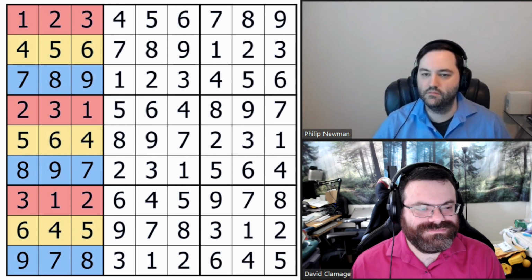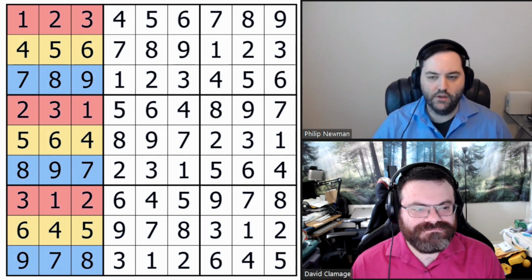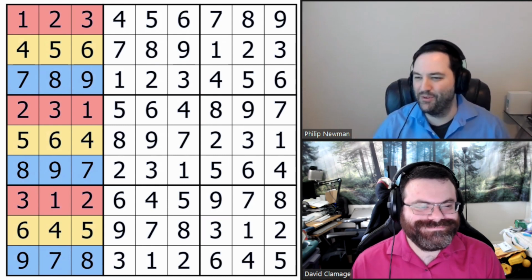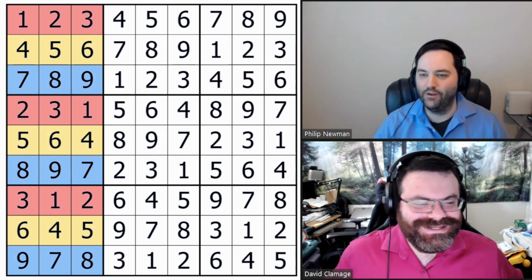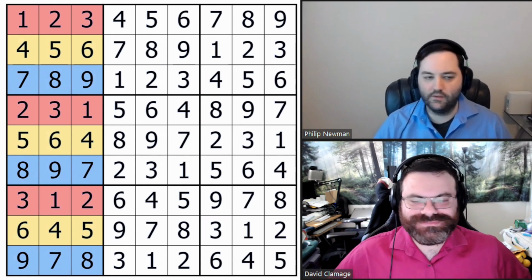But high clue count puzzles that are also minimal are pretty rare. Highest known is 40. I think there's 2 of those. So these are all topics that we could probably spend a whole other hour on. That's fair. But we'll move on to some uniqueness techniques now.